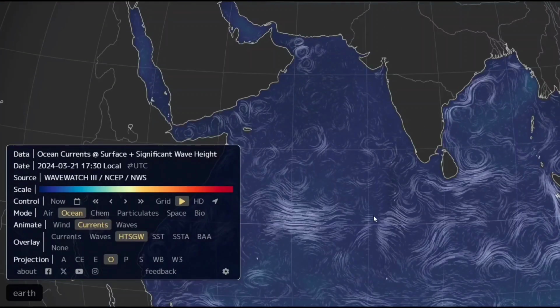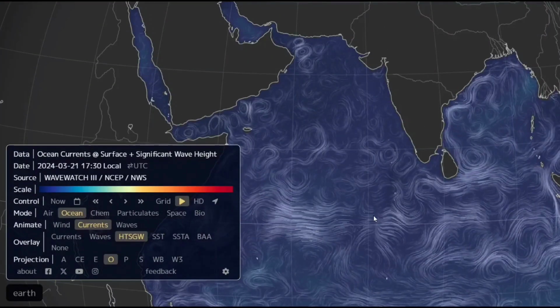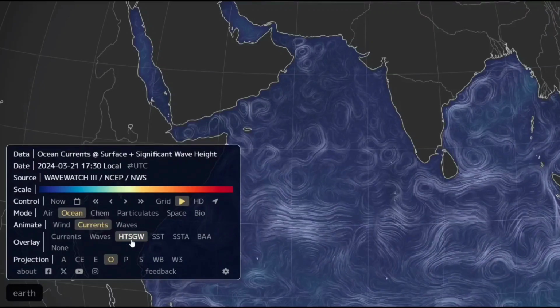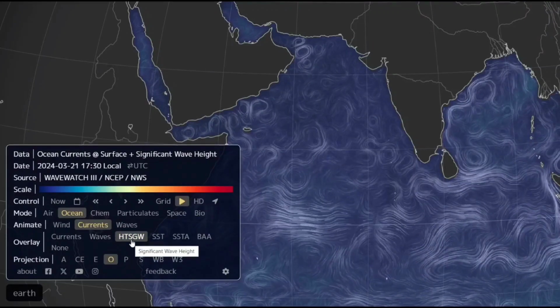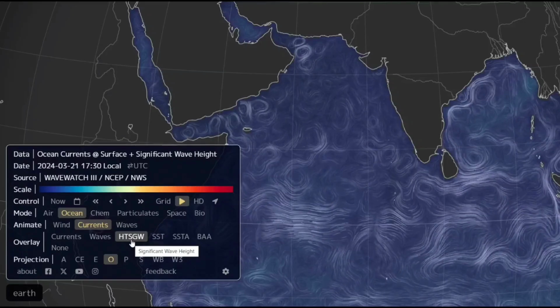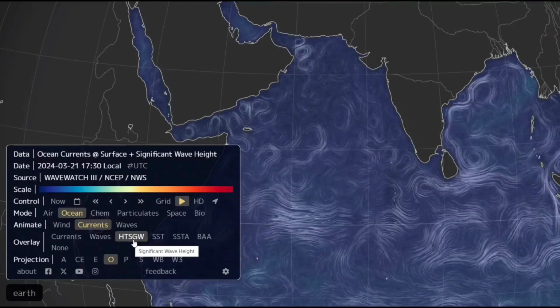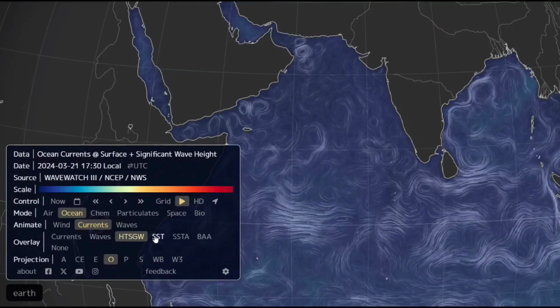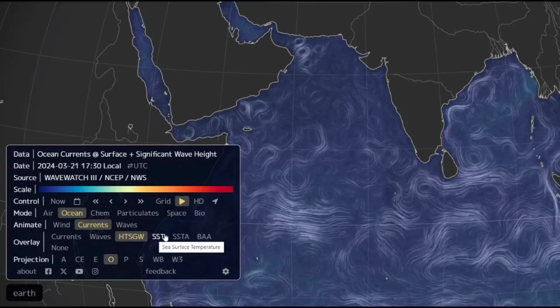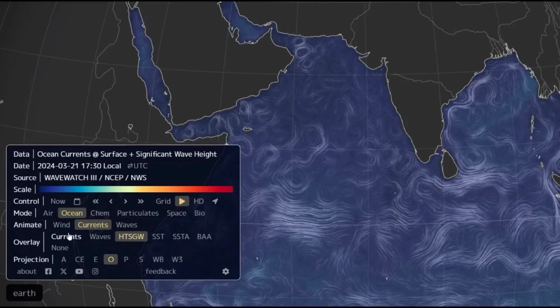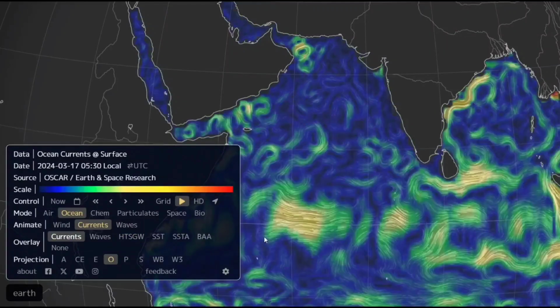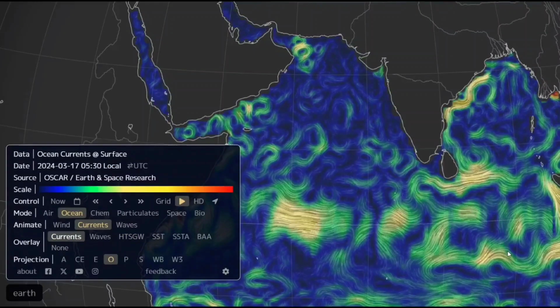These are the superficial currents, and they are also showing the wave height. Here they have shown the wave height, and different things can be represented. These are the currents you see now.